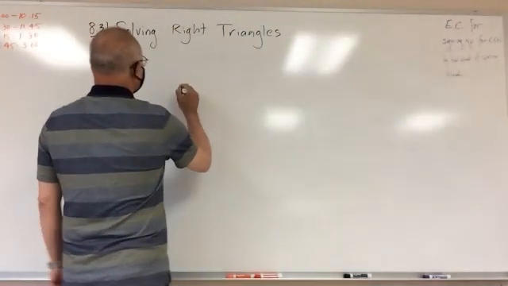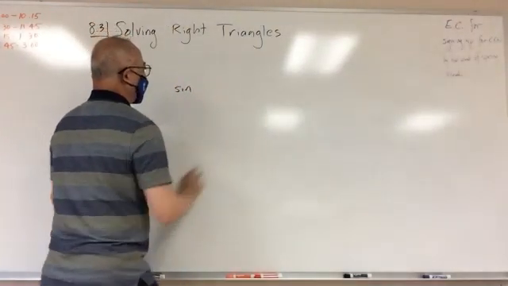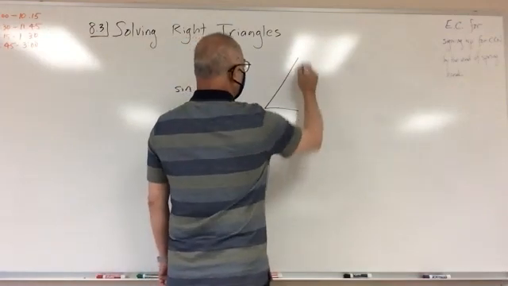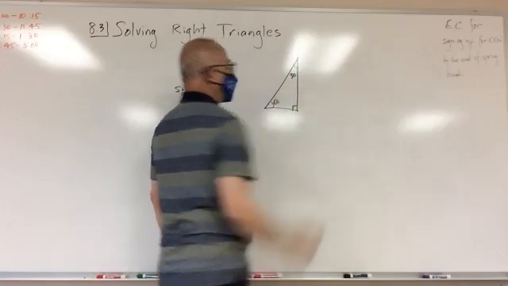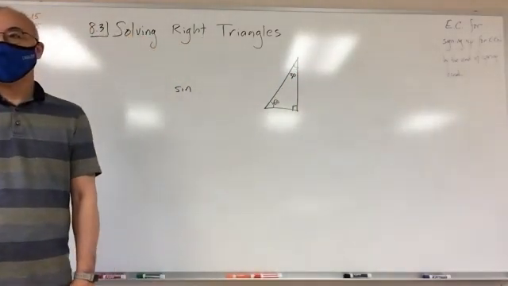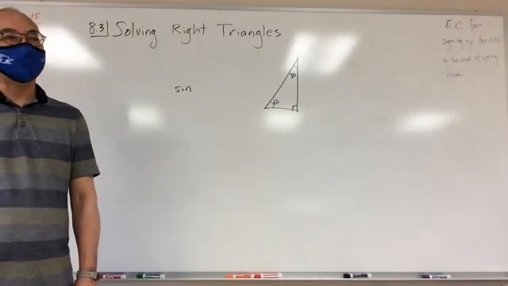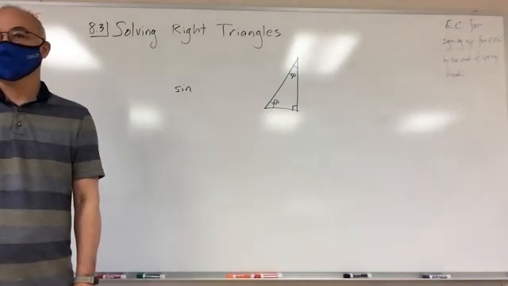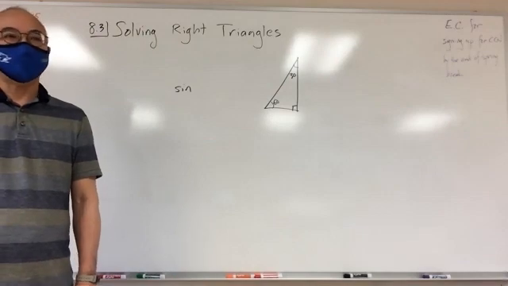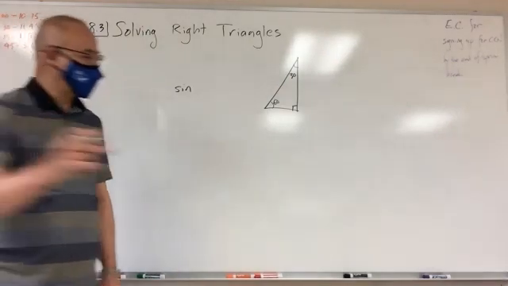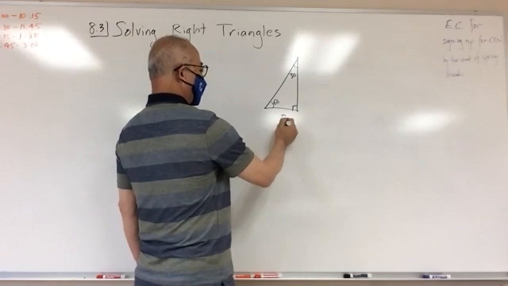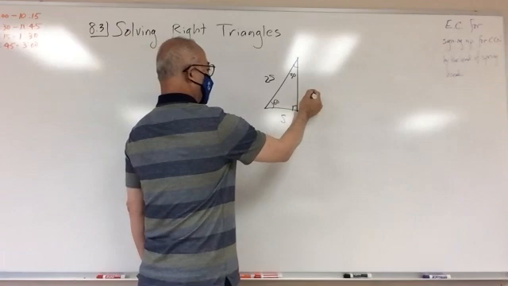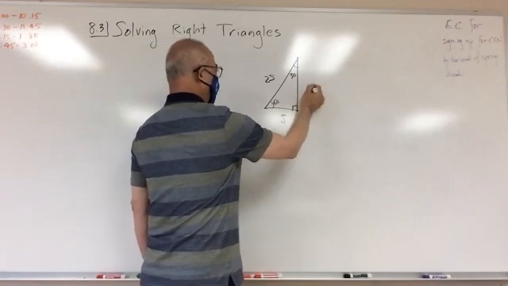So let's go back to the 30, 60, 90 triangle. What were the ratios of the legs and the hypotenuse for this? Can anybody tell me? It's S at the bottom, and then on the other side it's 2S, and then it's S root 3.